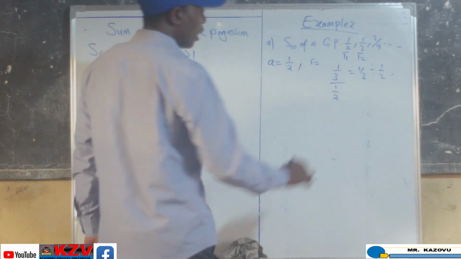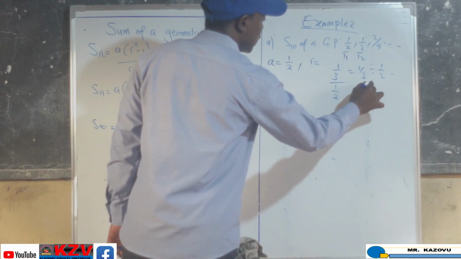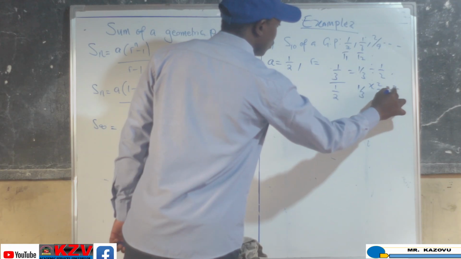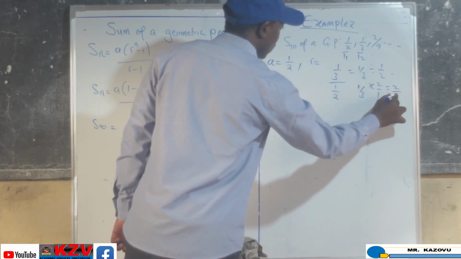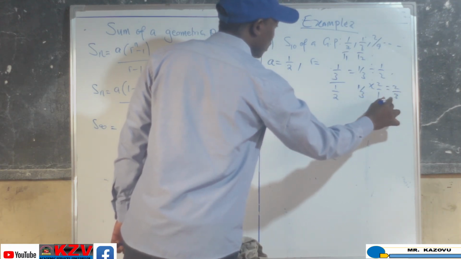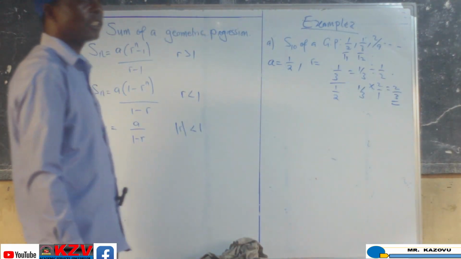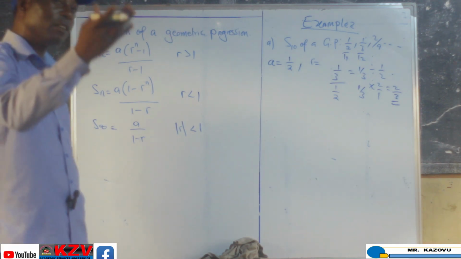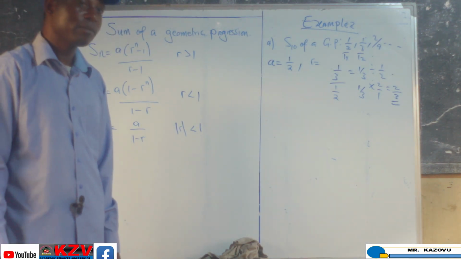Now here we have 1 over 3 times 2 over 1. 1 times 2 is 2, over 3 times 1 is 3. So we have 2 over 3. What are you saying now? I was confused.